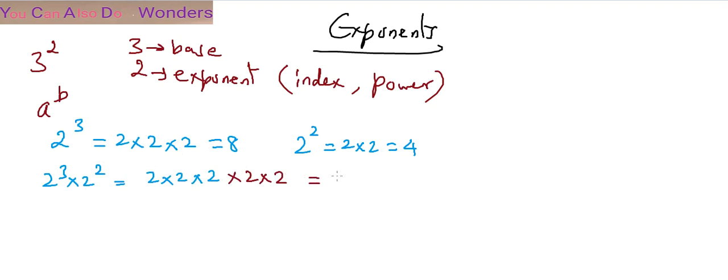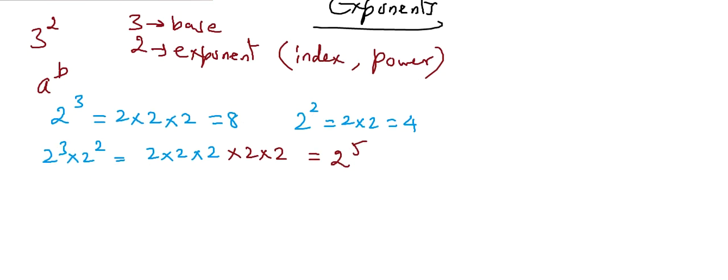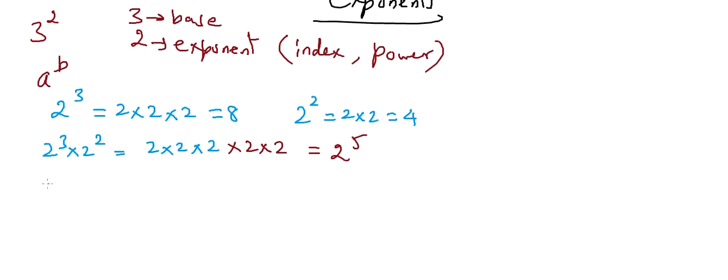So it is equal to 2 power 5. So 2 power 3 into 2 power 2 equal to 2 power 5, which is 2 power 3 plus 2.